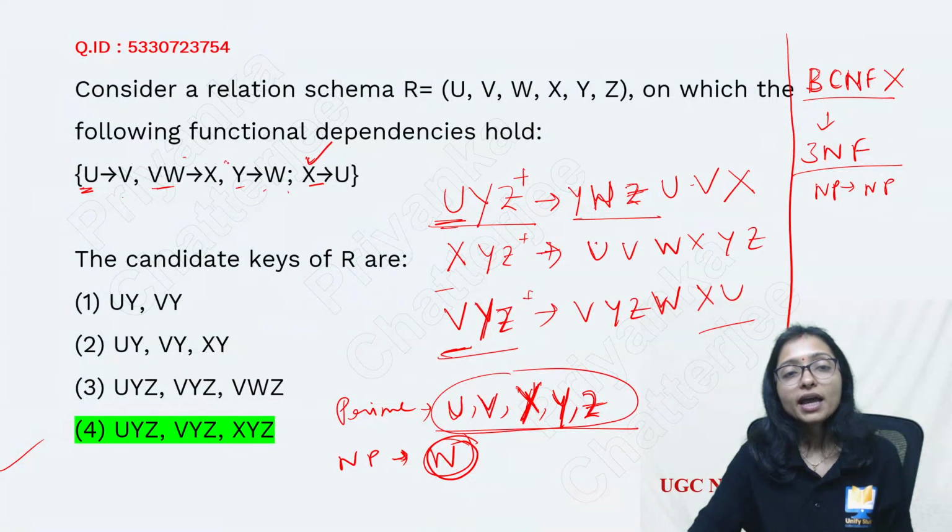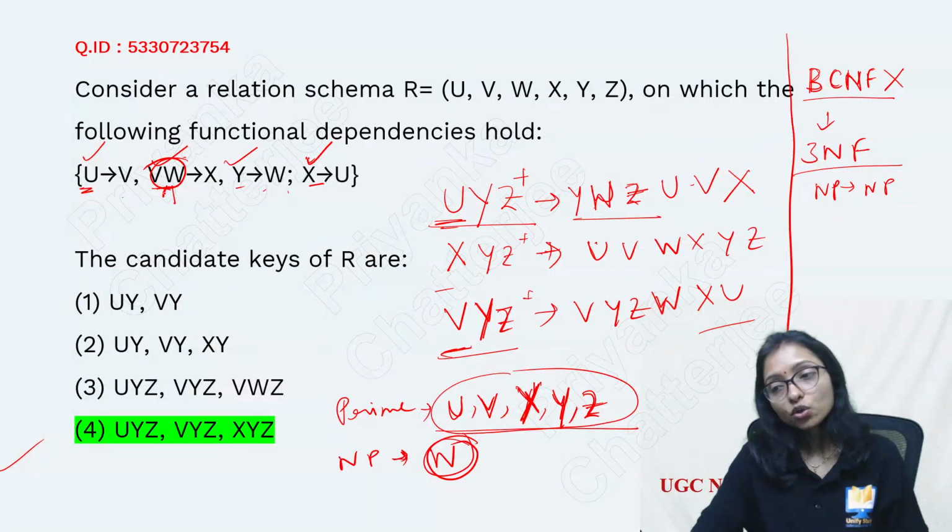This is also prime, this is also prime. These all are prime. VW together, W is not a total non-prime, and X is also prime here.